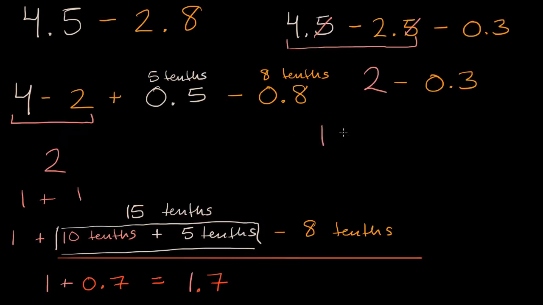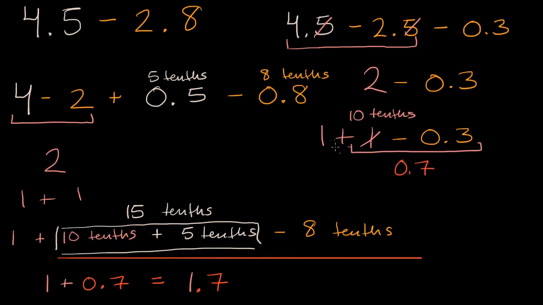This is the same thing as 1 plus 1 minus 3 tenths. And this 1 right over here is the same thing as 10 tenths. And so 10 tenths minus 3 tenths is going to be 7 tenths. So it's going to be 1 and 7 tenths, which is what we got before.